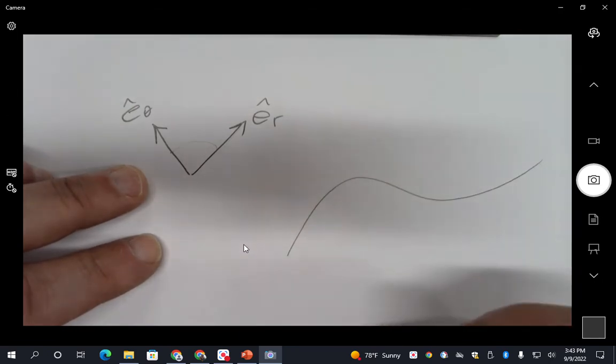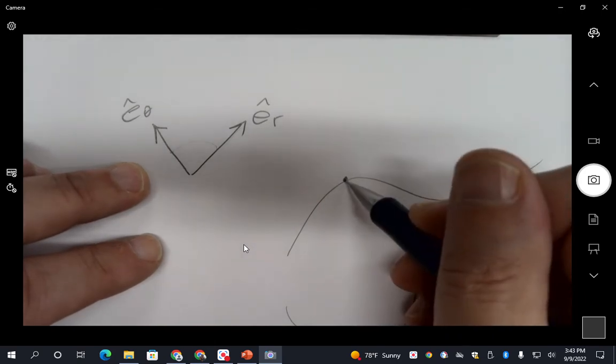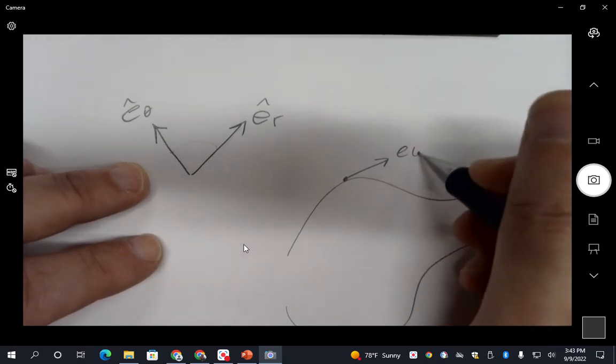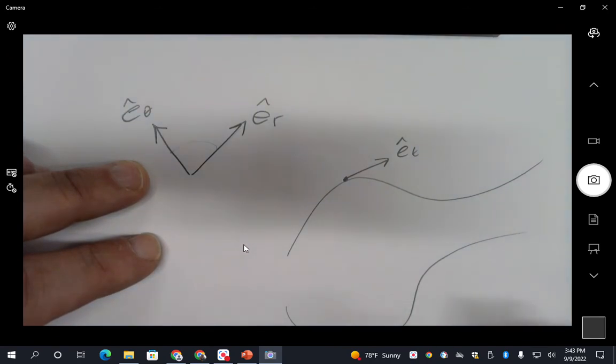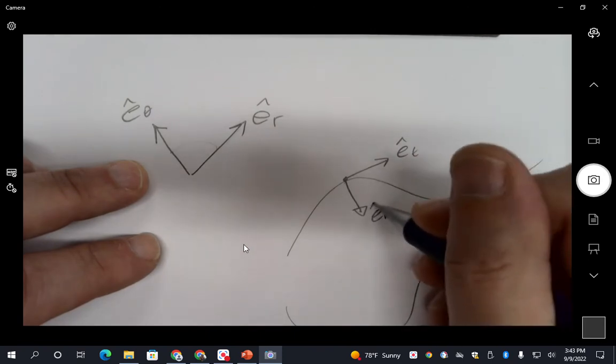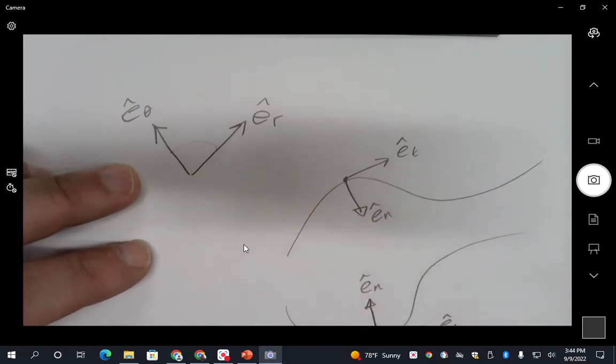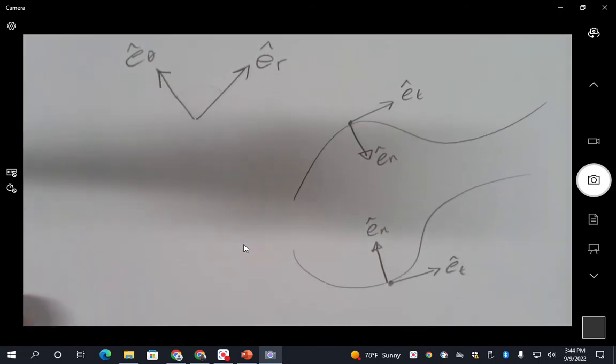Whereas here could be our tangent, or right here could be our tangent. But the normal is going to be this way, whereas the normal is going to be this way, right? So that's one big difference.